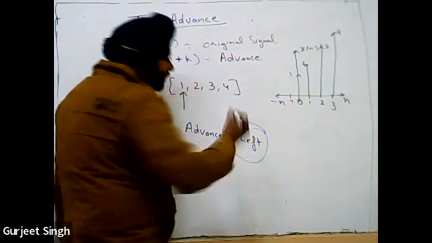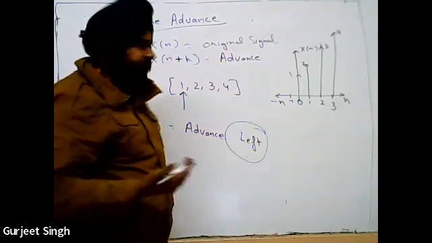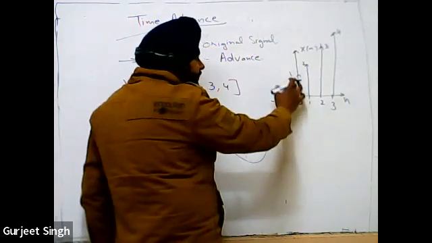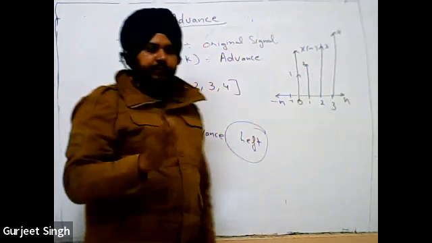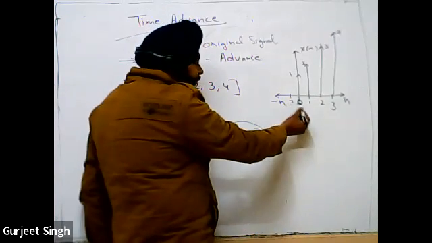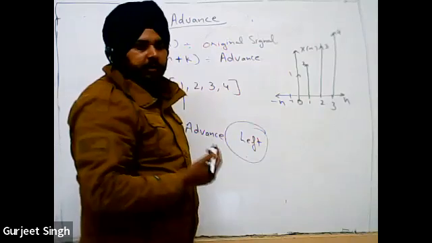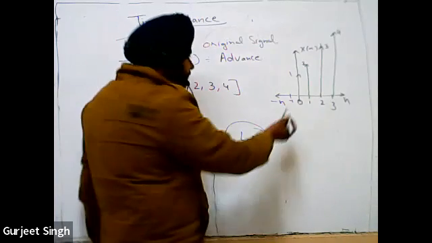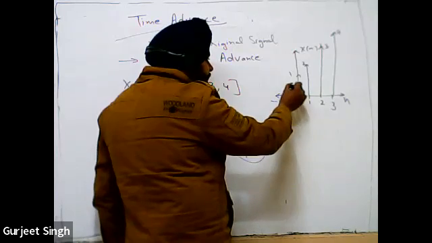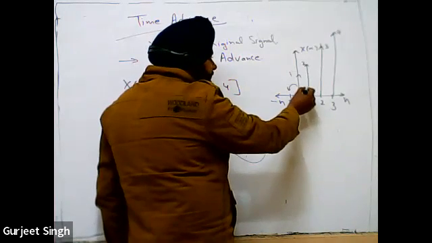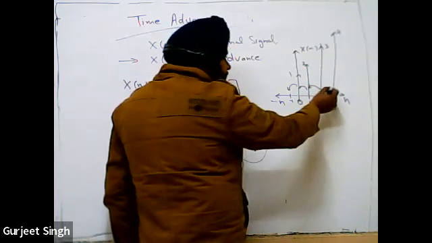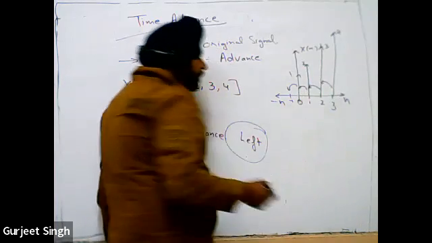Zero amplitude is the one. If I do the shifting toward the left side, the zero sample moves toward minus one. Zero magnitude is moving toward minus one. One is moving toward the zero position. Two is moving toward one, and three is moving toward two.